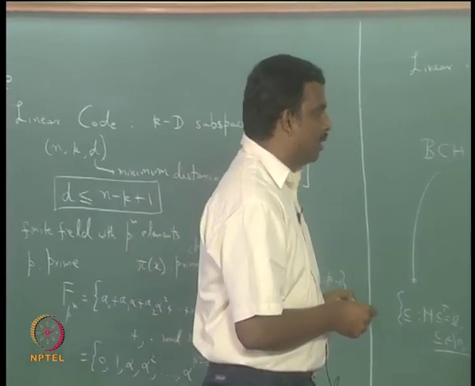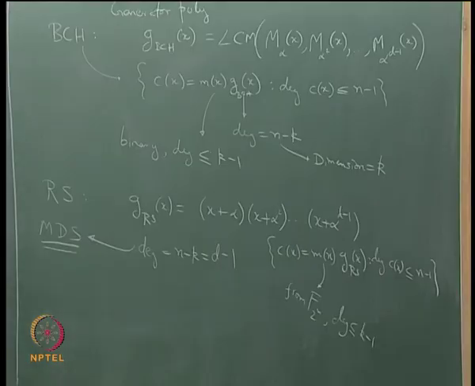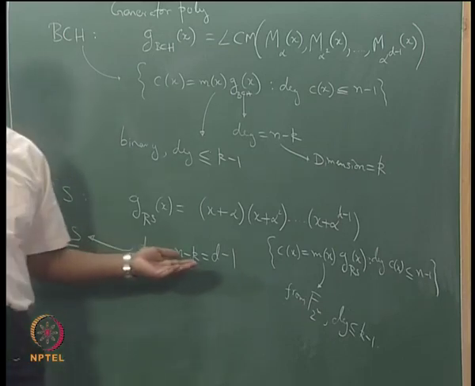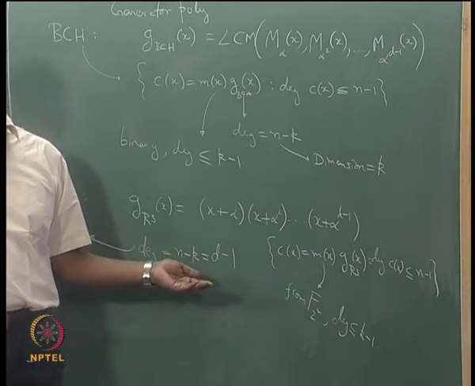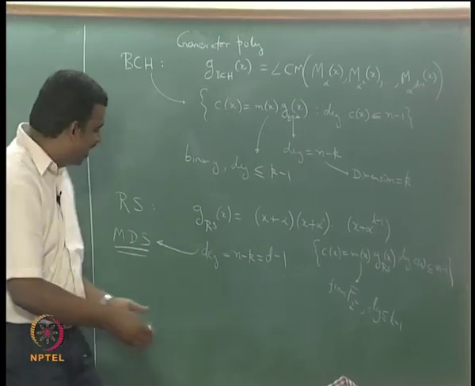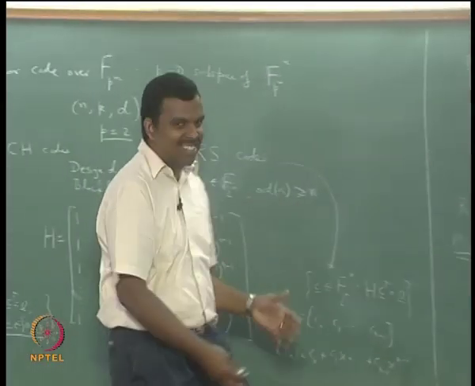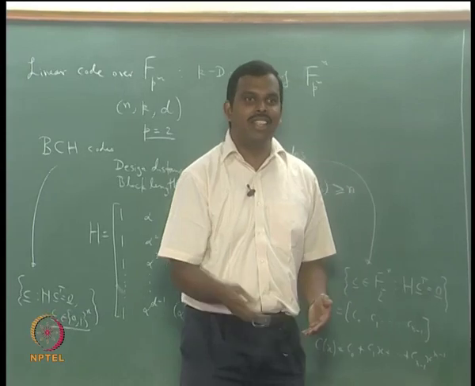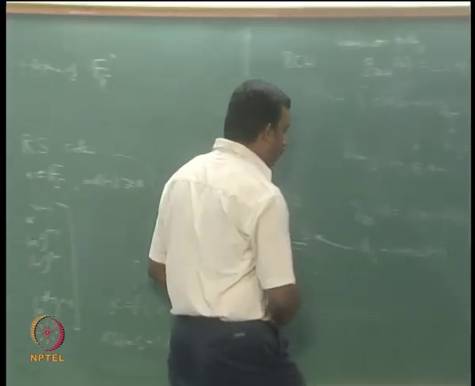So of course, to claim really that this is MDS, I have to show you that the minimum distance is D. If I do not show minimum distance is D, it is not really MDS, but I have already motivated it, I have said it is design distance, so I should be able to show minimum distance is D, which is what we will do next.